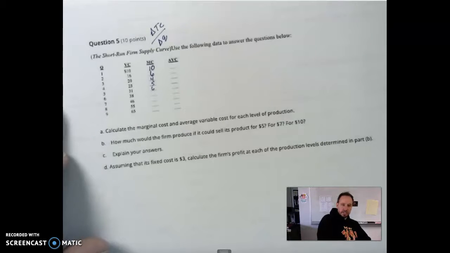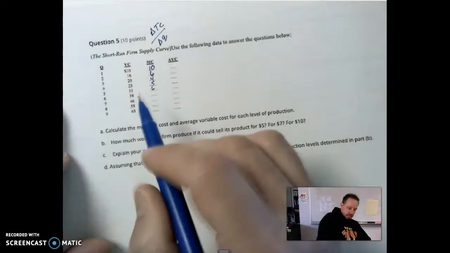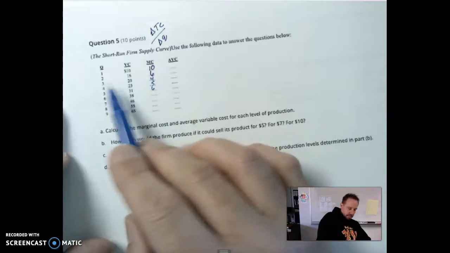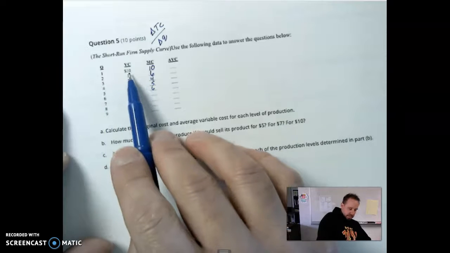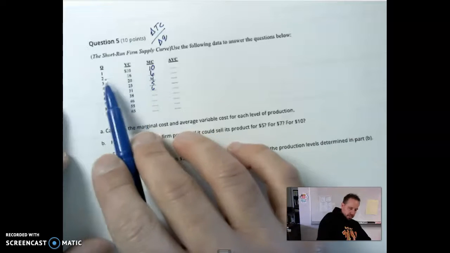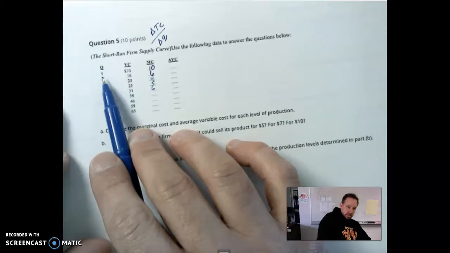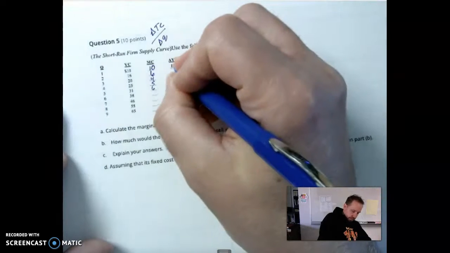So now what you need to do is give the average variable costs, and you said you had part A, so that's good. I'm just going to put in a few of them here. If I take my variable costs of 10 divided by 1, average variable cost is 10.